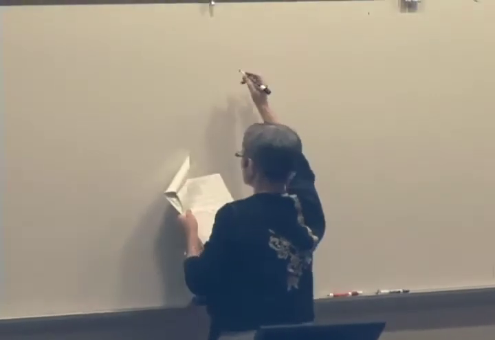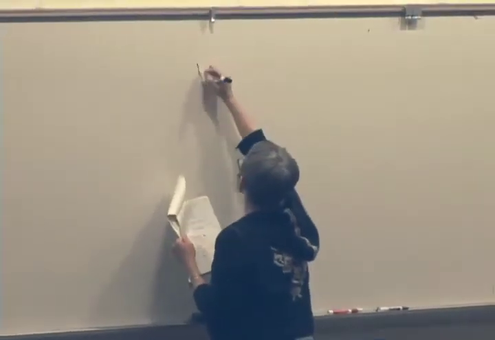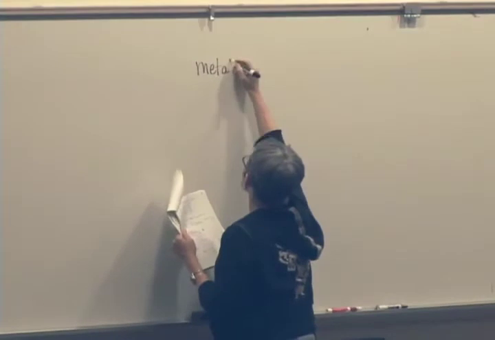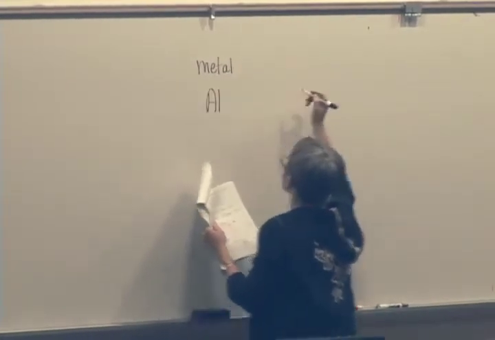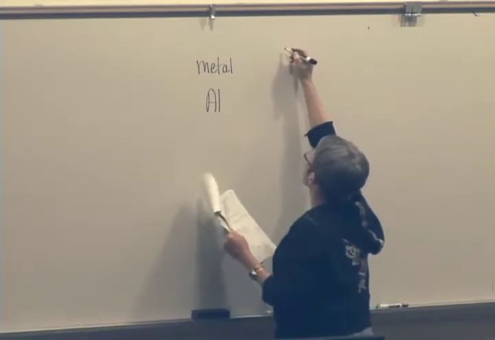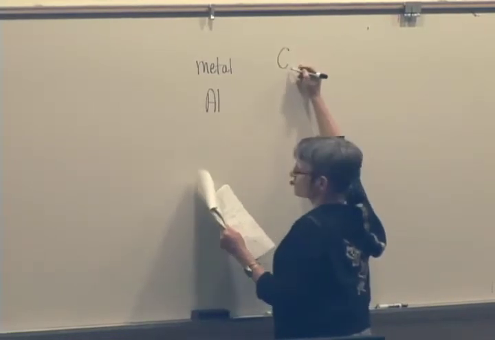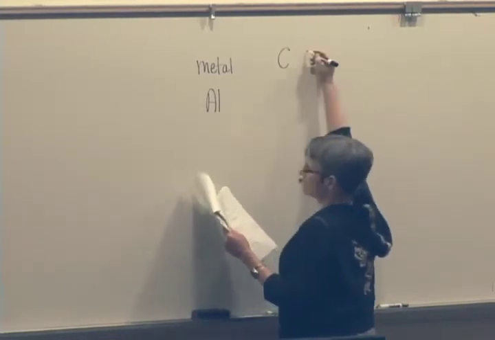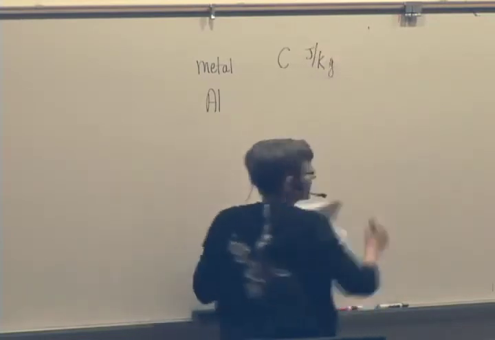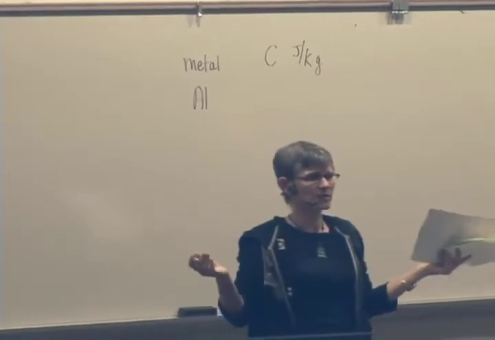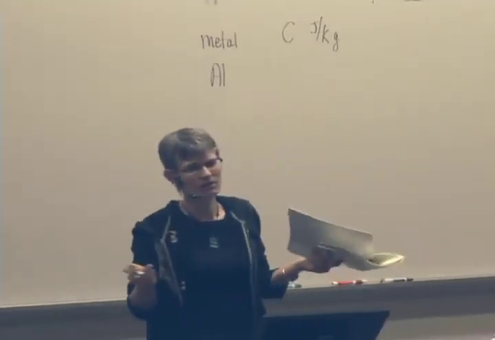So here's some substances, here's some metals, because we're talking about metals mostly. So here's aluminum, and the specific heat of aluminum in joules per Kelvin per gram. Remember, it has to be on a per something basis, and typically it's just given in the literature.